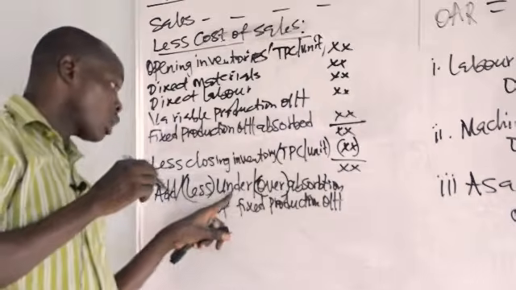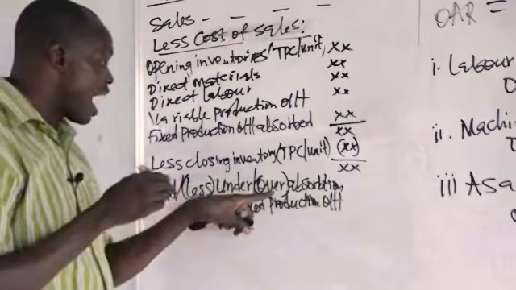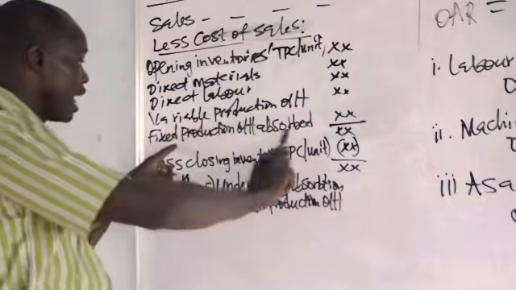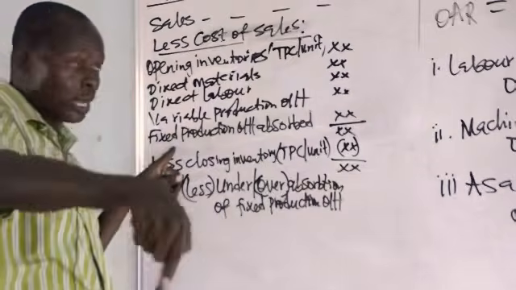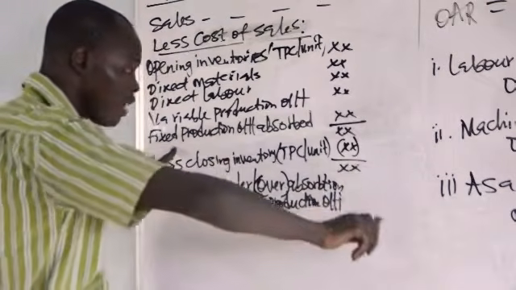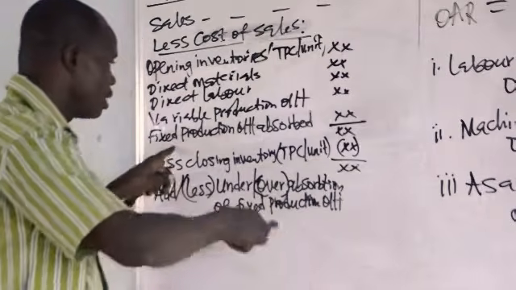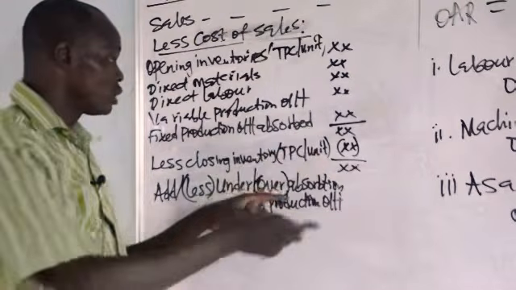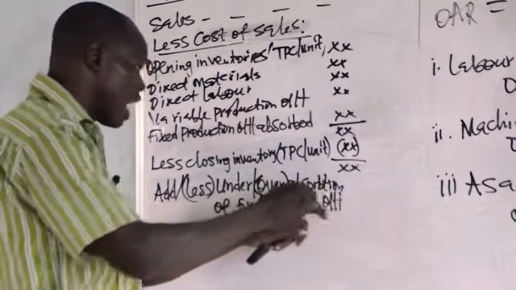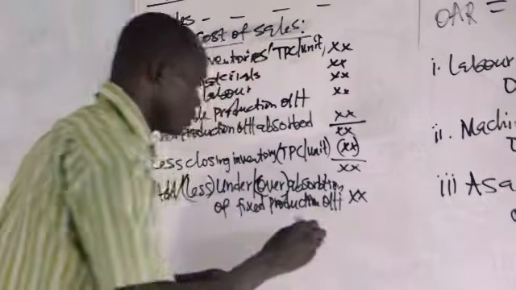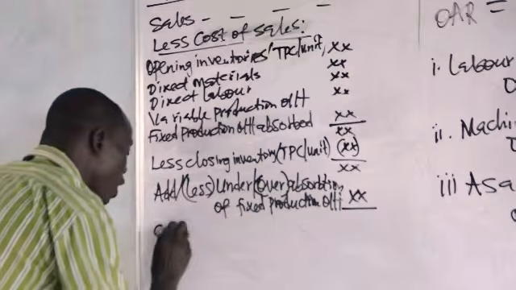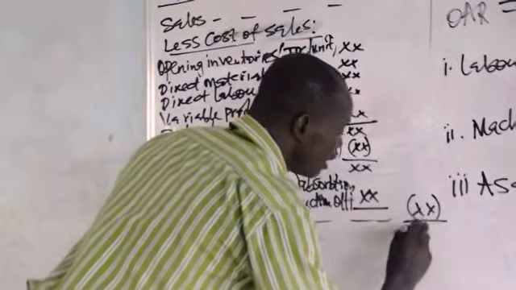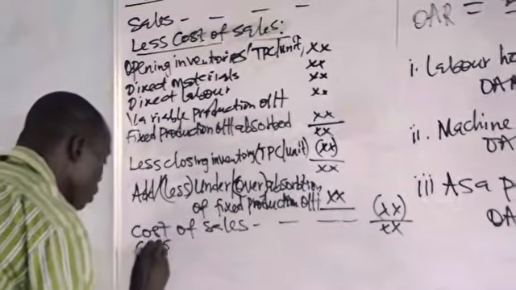By over, it means the one that has been charged, the one absorbed here, is greater than the actual. So you now deduct the over absorption. But if it is under absorption, the one you charge here is less than the actual fixed production overhead. So in that case, you add the under absorption here. So then you now get your cost of sales.